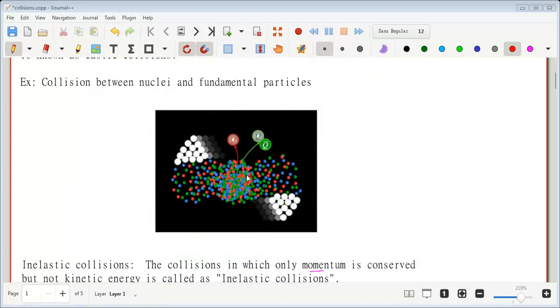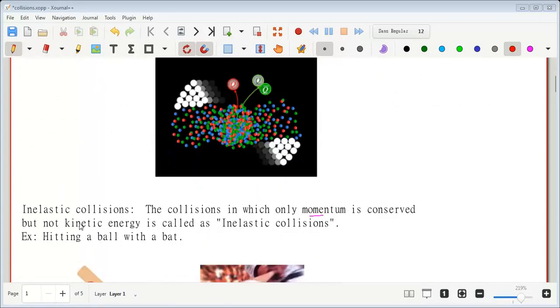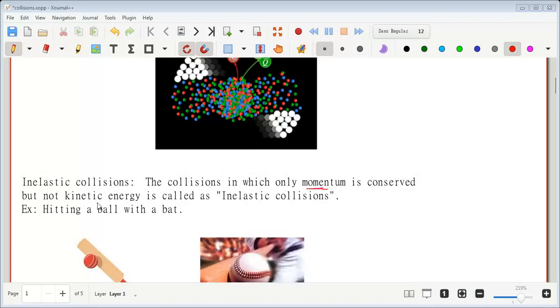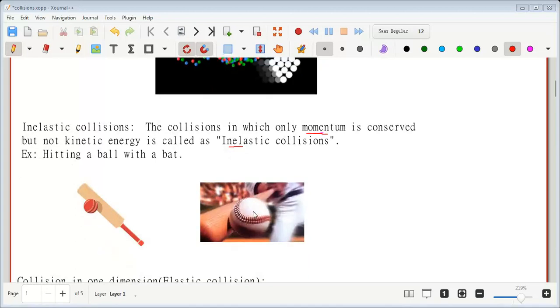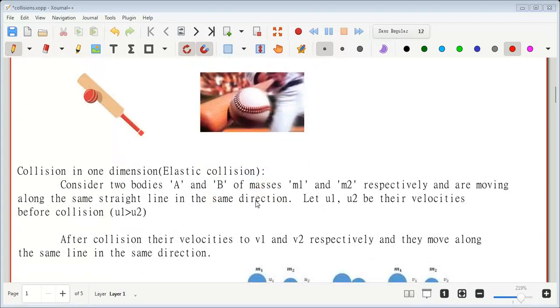Now, inelastic collision: the collisions in which only momentum is conserved, but not kinetic energy, are called inelastic collisions. Example: hitting a ball with a bat. Now, in our syllabus, we have only elastic collision.